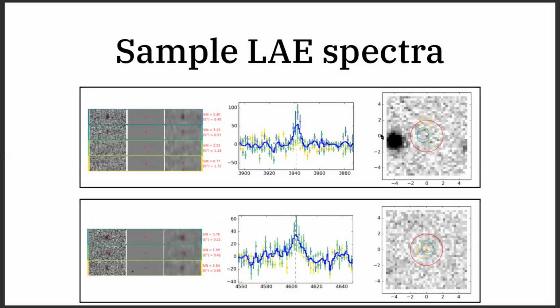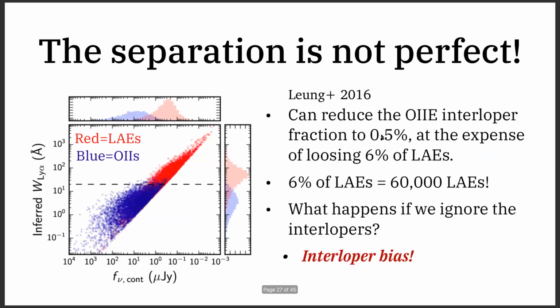But this scheme of using the equivalent width cut is not perfect. So that is a simulated Lyman alpha and oxygen 2 data points in this line intensity and equivalent width plane. The equivalent width of 20 cut is here, but that cut is not a clean cut, so we have some overlapping.